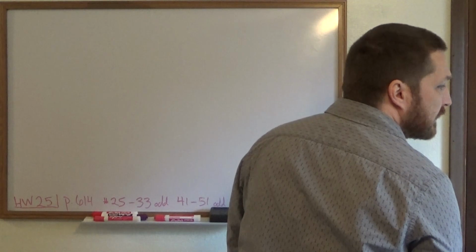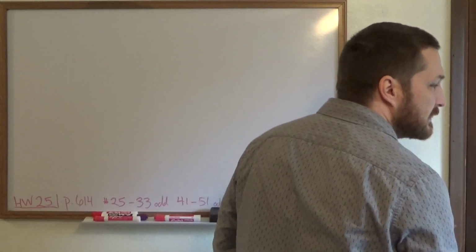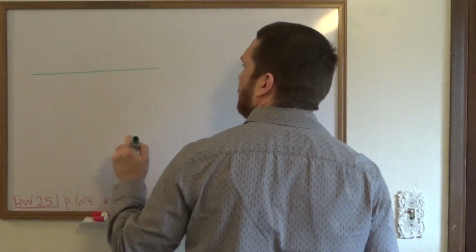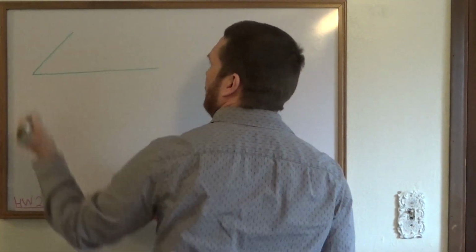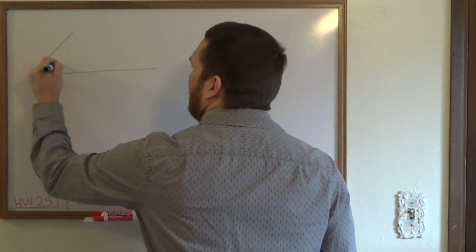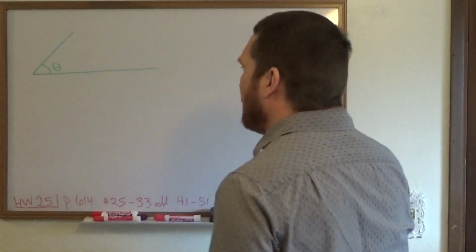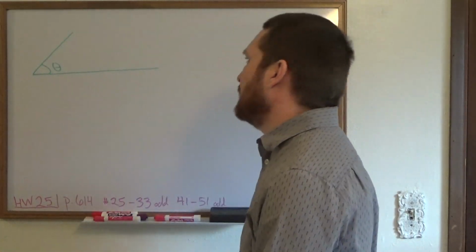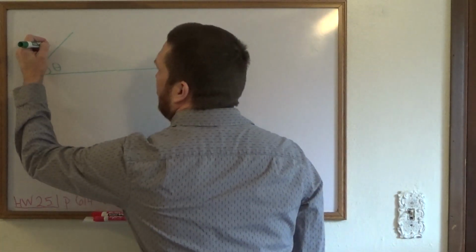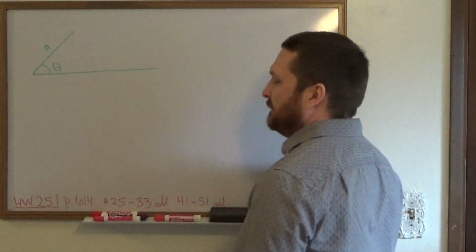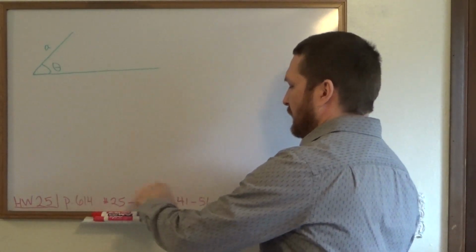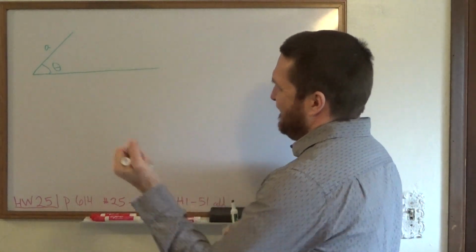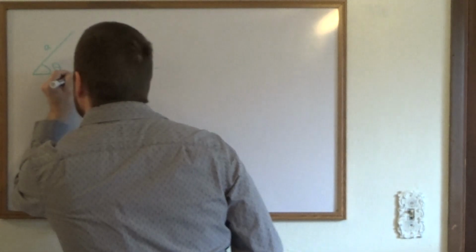So I wanted to start off with this, and I think I'm going to change this up just a little bit. Here's another thing. And this angle is theta. Now, let's say that this length right here is, I don't know, let's just call it A. That length is A. And what I want to find is this length right here.